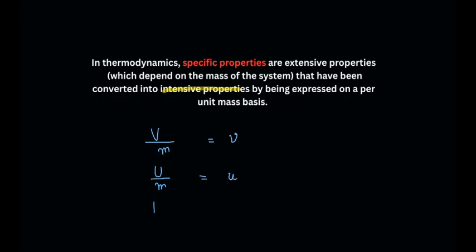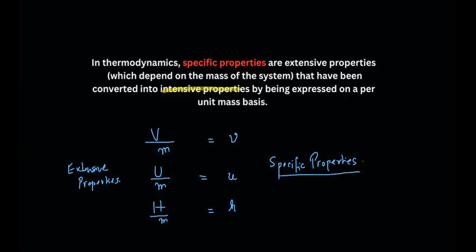When we divide enthalpy with mass, it becomes specific enthalpy. So these are all specific properties, whereas these are all extensive properties. So basically, specific properties are extensive properties which were divided by mass and converted into intensive properties.